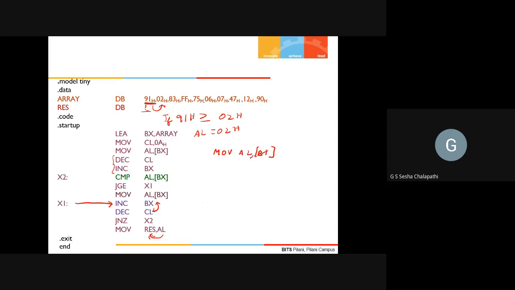After that, I will say increment BX, decrement CL. And then I have this comparison operation, then I have JGE, and then I have a move instruction. Now I have to go to this particular location, so let us say I will put this as x1.